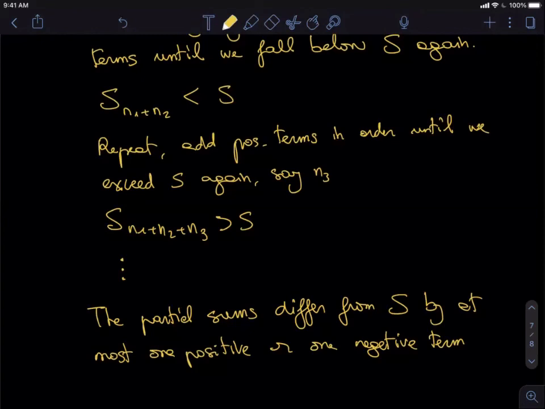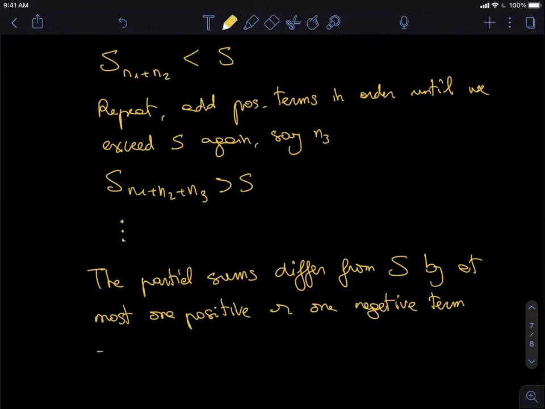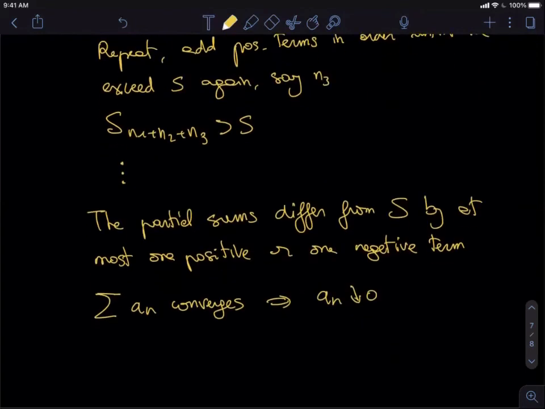Since the original series is convergent, that means that the a_n go to 0. Okay, they are smaller as n goes to infinity. And that means that we can get the partial sums as close to S as we wish, within any epsilon that we decide.